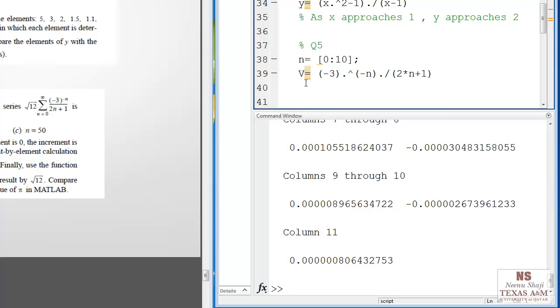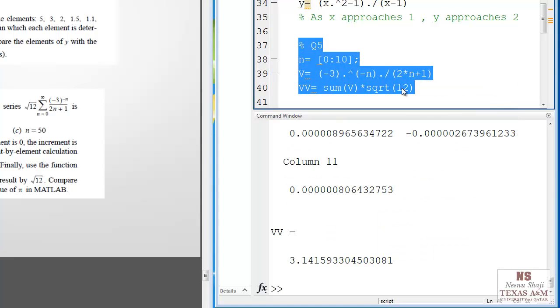Now we need to find the sum of all these elements, so we can use the sum command and later multiply this with square root of 12. So let's run this, get the value as 3.1415, etc.